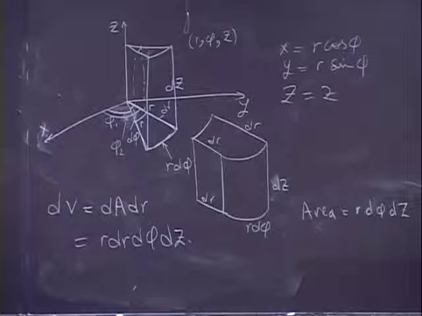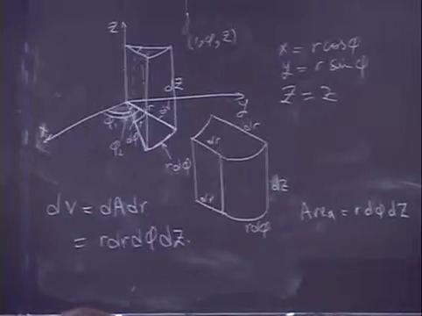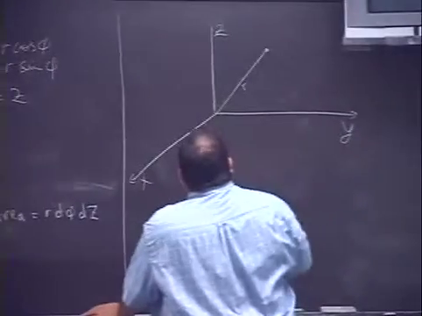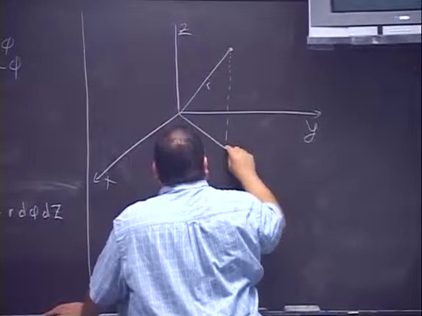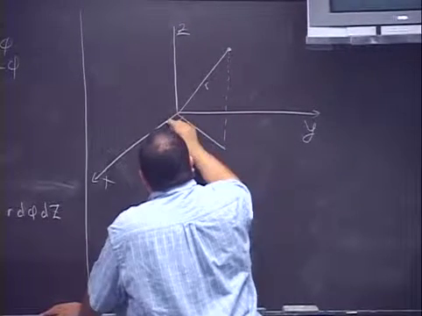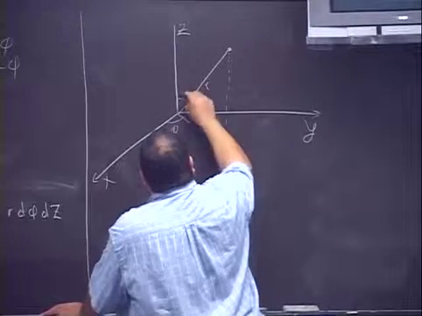Now, in a spherical geometry, I can represent the point here by three things: by r and by its projection here. So I'll have phi. So this is phi, this is theta.